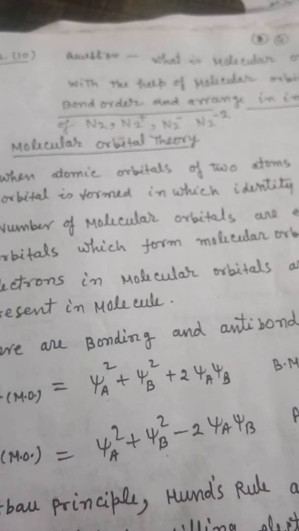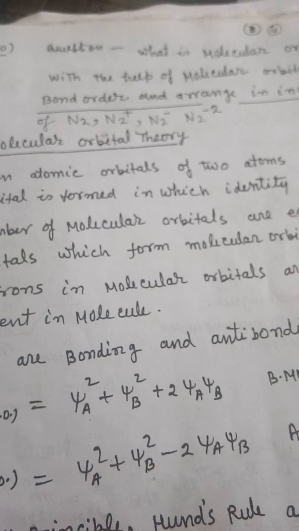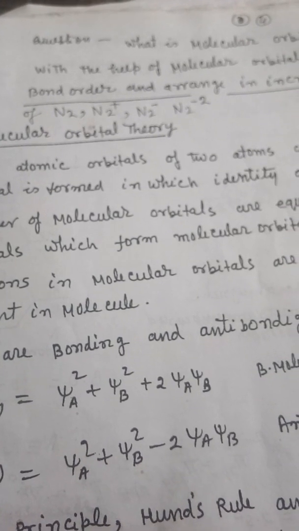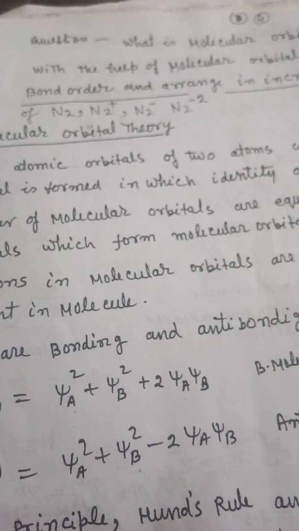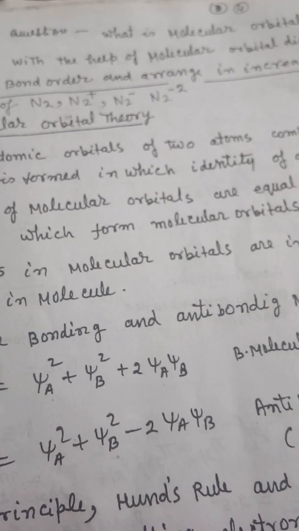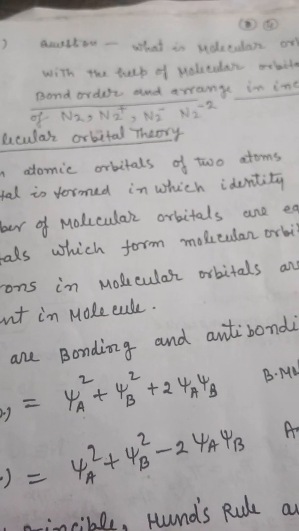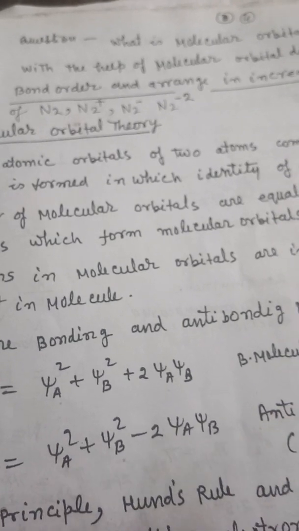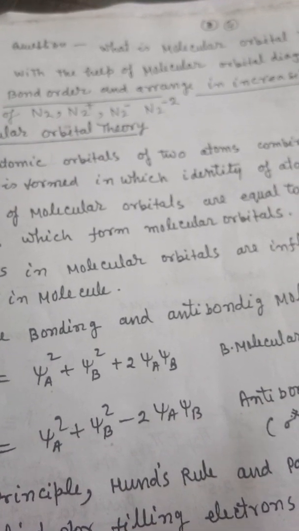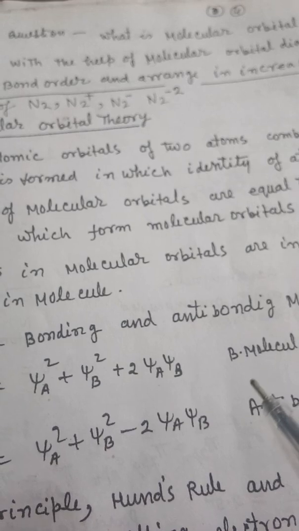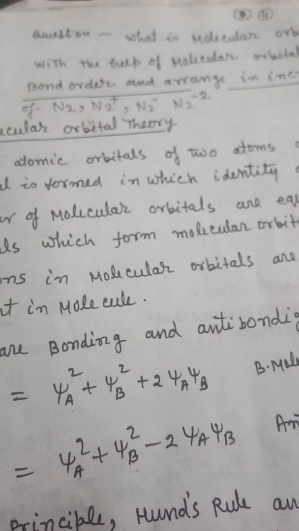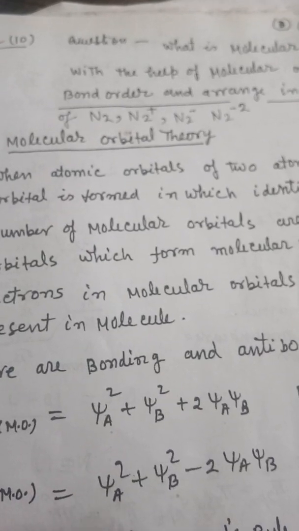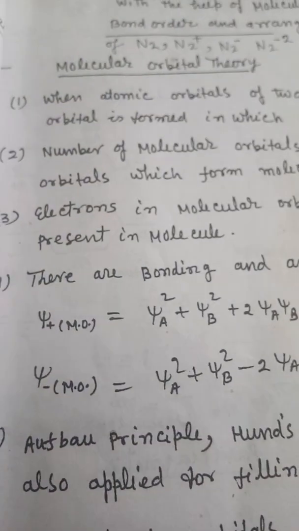If the atoms are separately present, the electron in the atomic orbital will be influenced by the nucleus of that atom. But as soon as two atoms form a molecule, all electrons in the molecule will be attracted by both the nuclei. So this is another postulate.